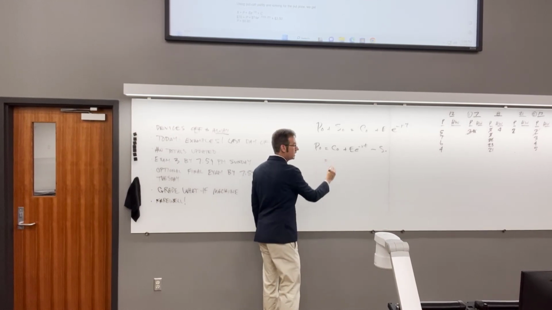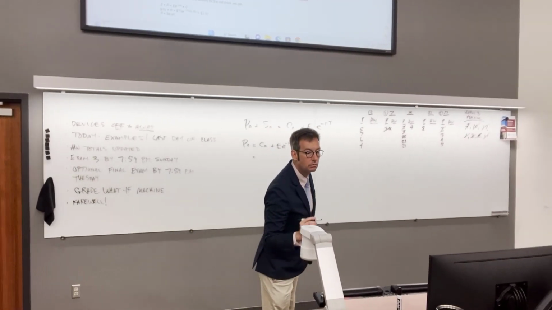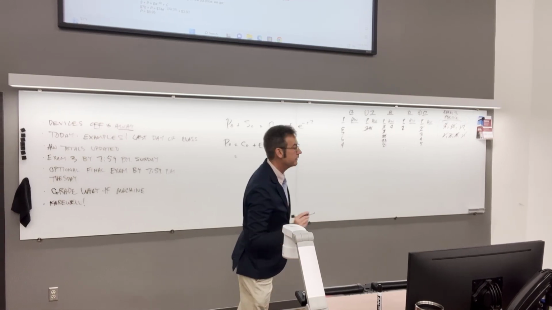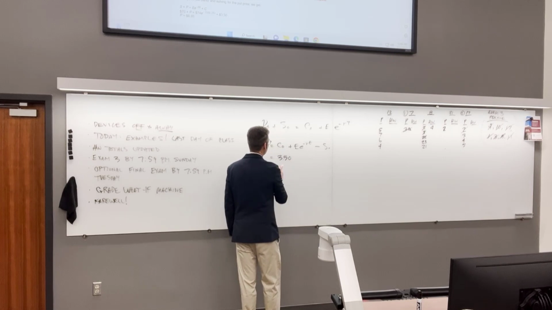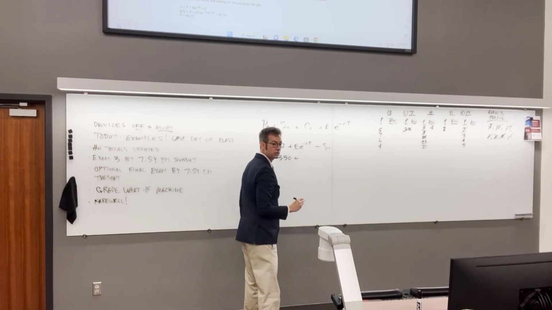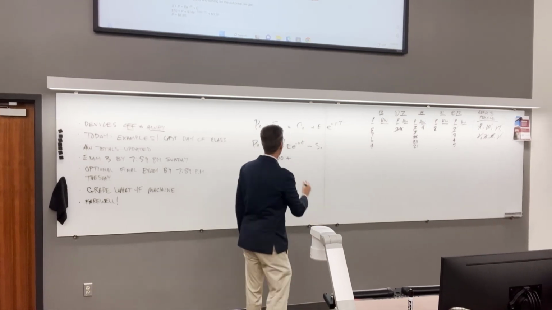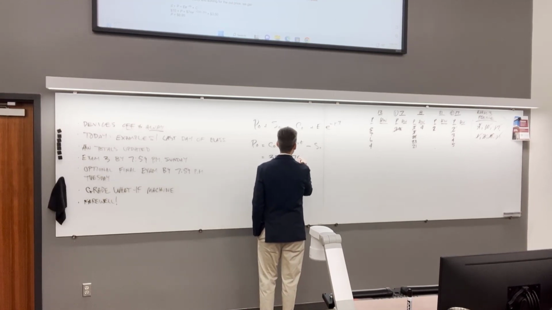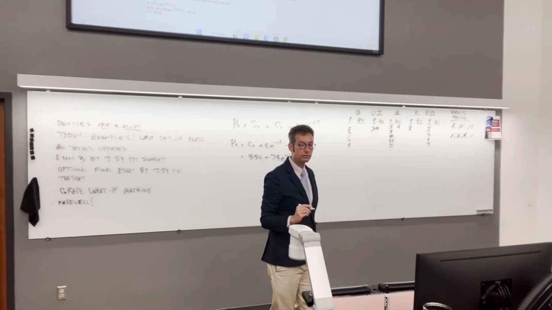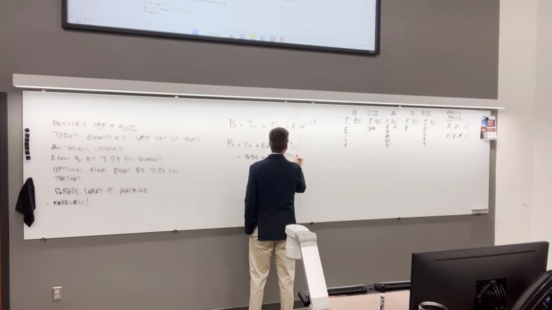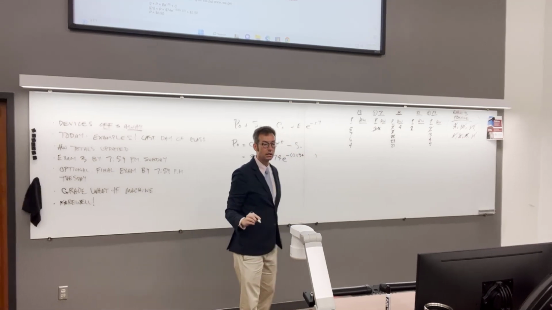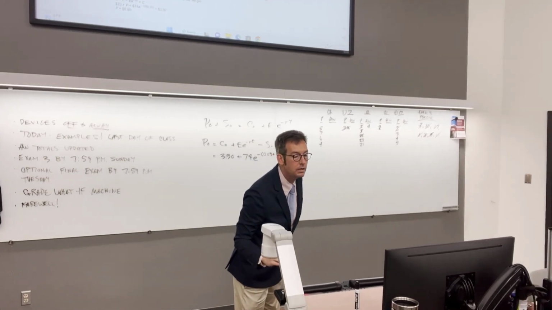Okay, how much is the value of a call option? 3.50. And these all have the same strike price and the same time to maturity. 3.50 plus, what's the exercise price? 74 times e to the negative, what is the risk-free rate? 3% per year, 0.03. And how long do we have to maturity? 3 months.